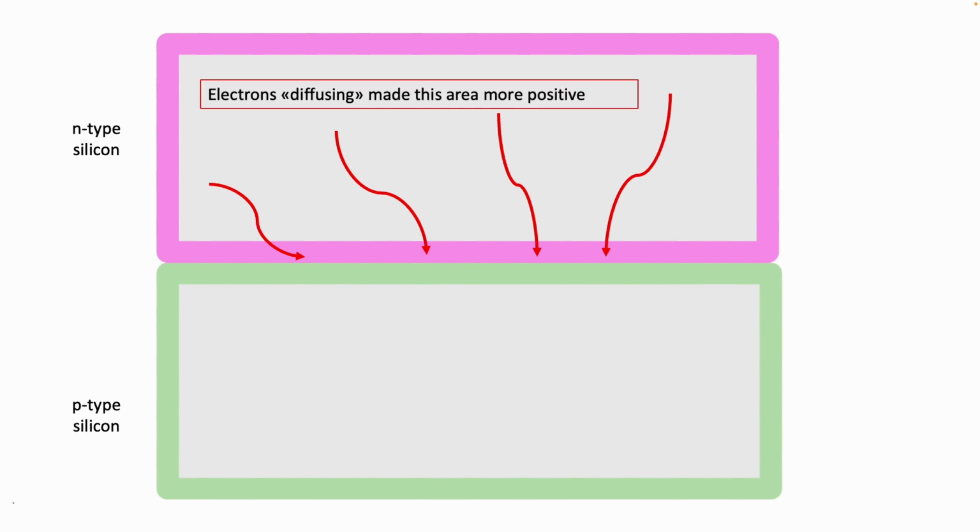When the diffusion begins happening, electrons that leave the N-type layer make that layer less negative, so more positive. This is because every atom has the same number of negative electrons and positive protons. If some of the electrons of the outer shell leave or diffuse, the rest of the atom is still attached to that silicon grid.